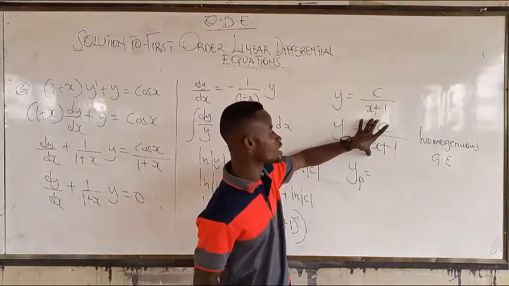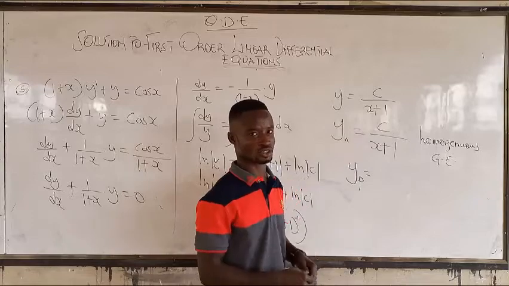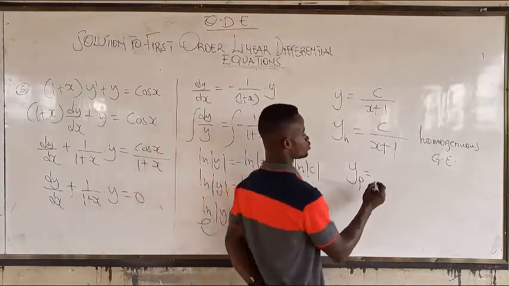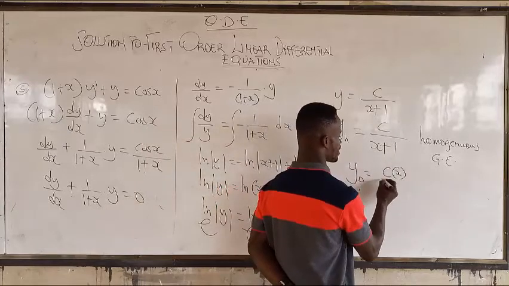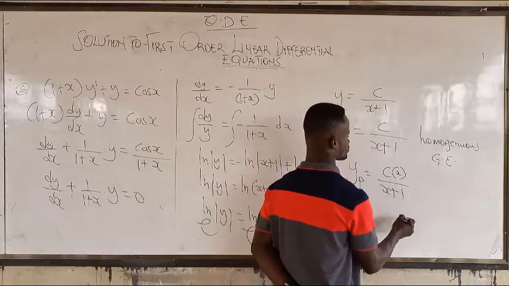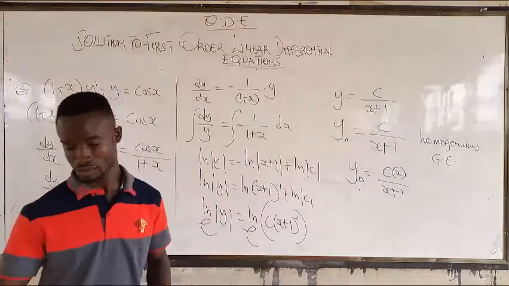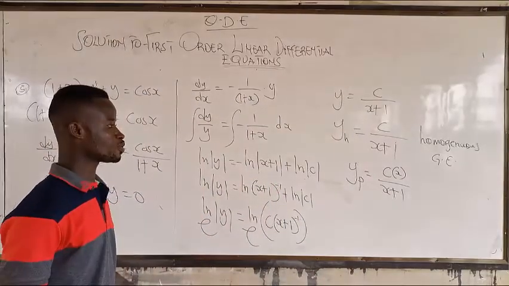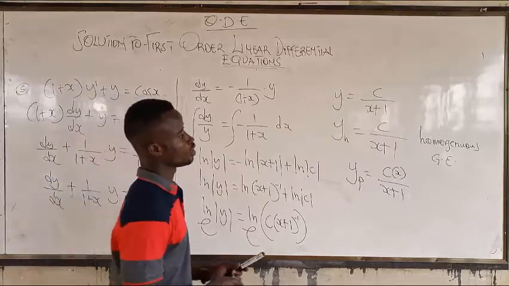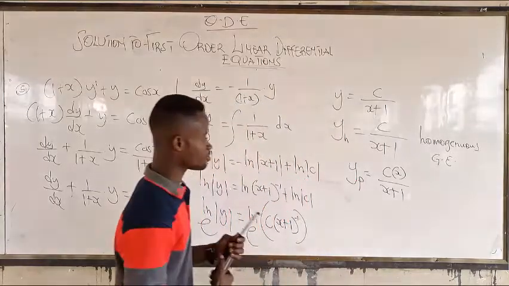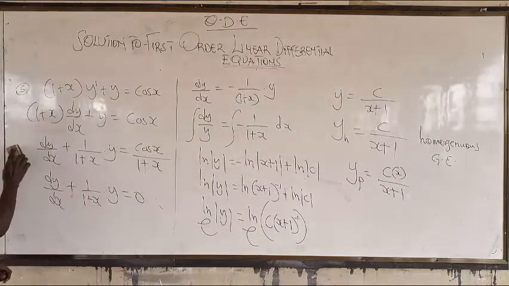So we use the homogeneous to get the non-homogeneous, and that is the particular solution. So we just write this in terms of x. Then we go through the process. Alright. So you can name this equation 1 or whatever, but it doesn't matter. Very good. Let's quickly go through.